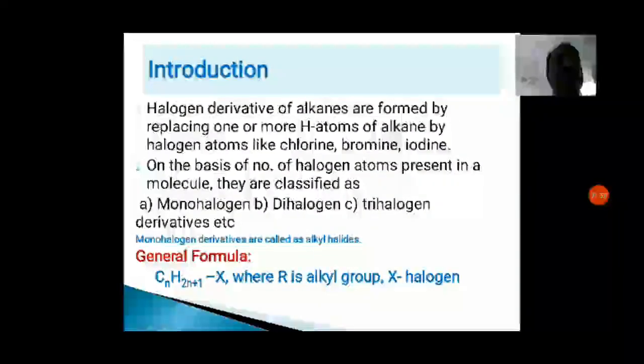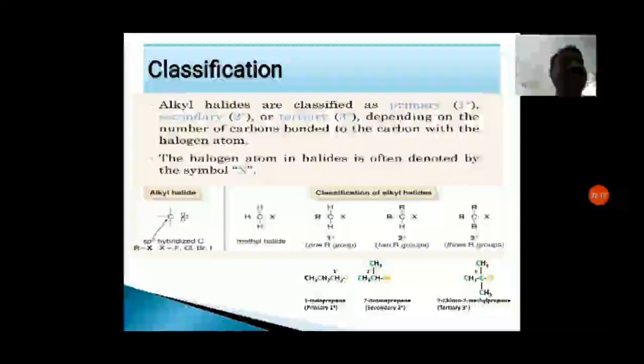One of the hydrogens out of these 2n+2 is replaced by a halogen atom, and therefore we have written 2n+1 and a halogen atom. X means halogen atom; generally the halogen atom is denoted by X, where R is the alkyl group and X is the halogen.